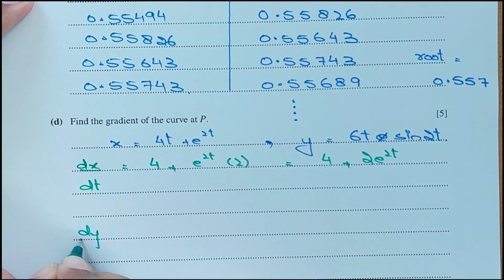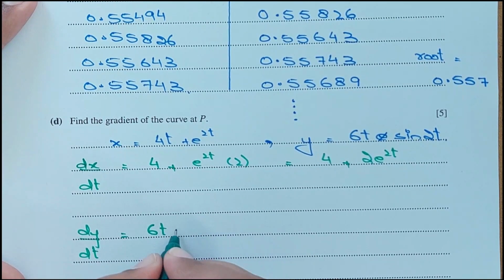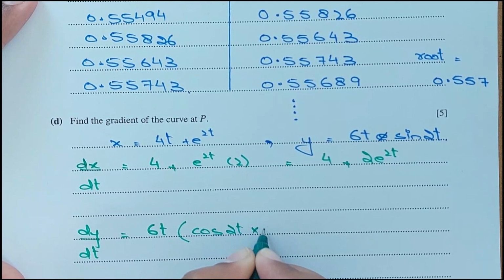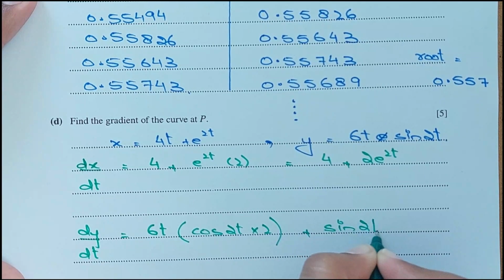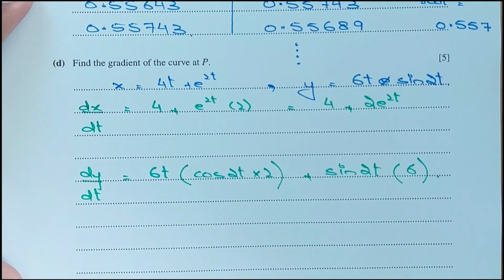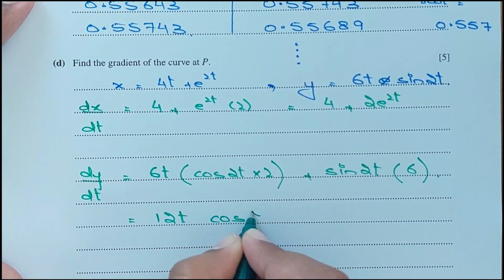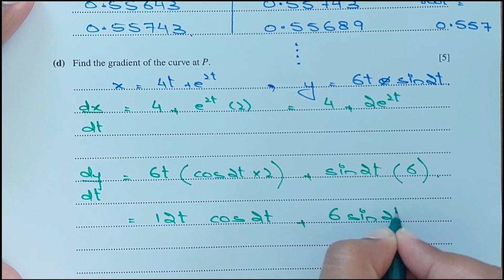What is dy over dt? 6t is as it is. The derivative of sine is cos 2t times 2, plus sine 2t as it is. The derivative of 6t is just 6. So we have 12t cos 2t plus 6 sine 2t.